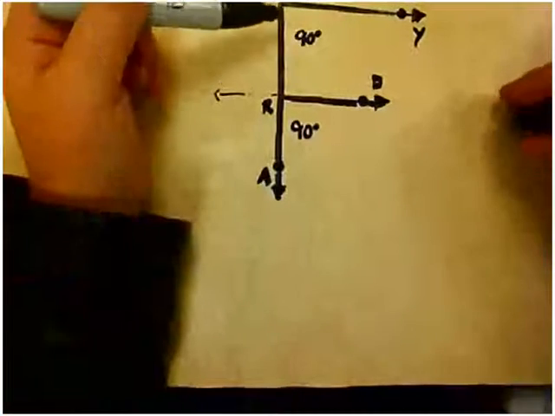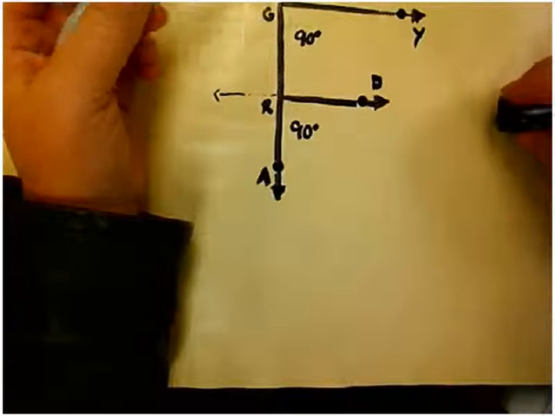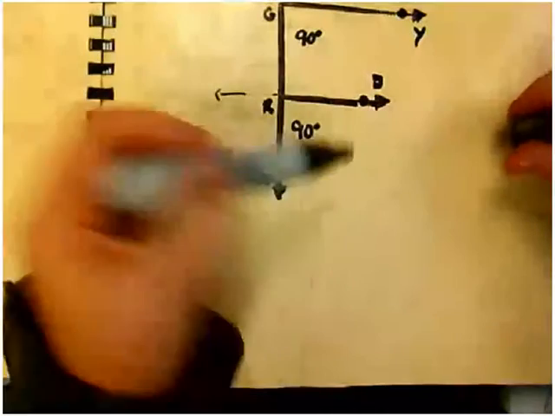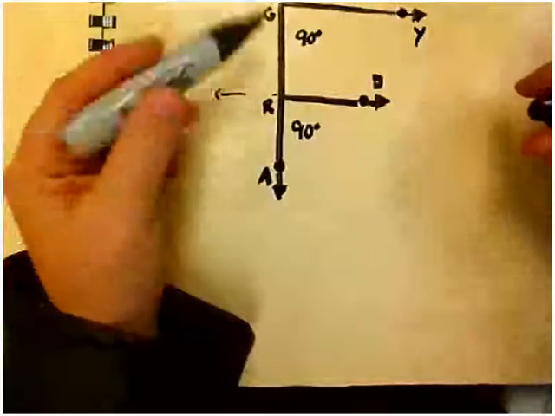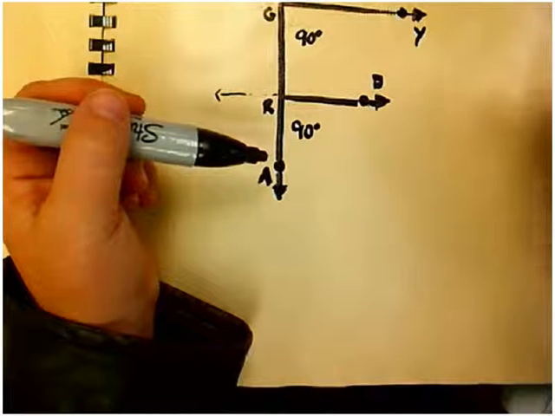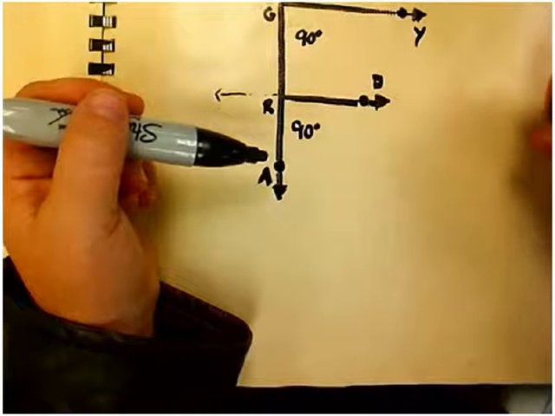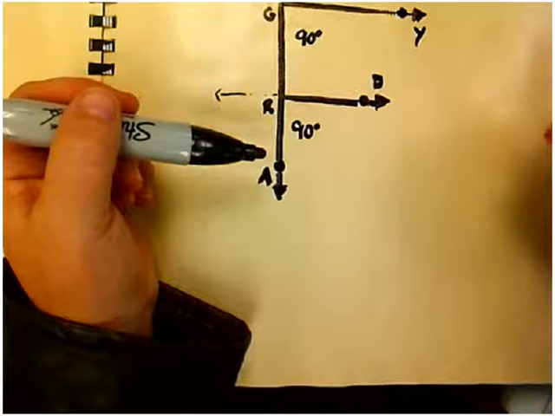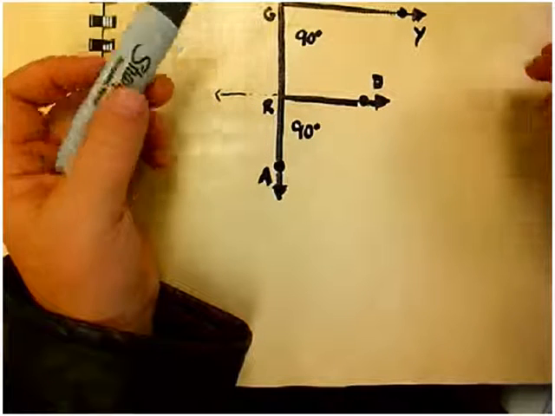And what kind of angles has it created? What kind of line is GA to the other two? Starts with a P. Parallel? No. Perpendicular. What does perpendicular mean?